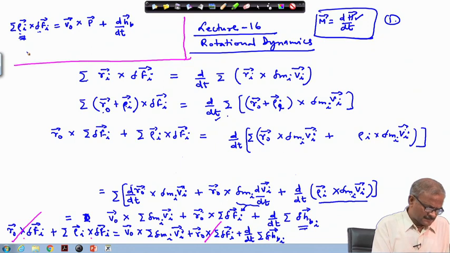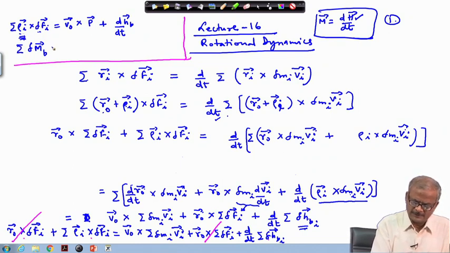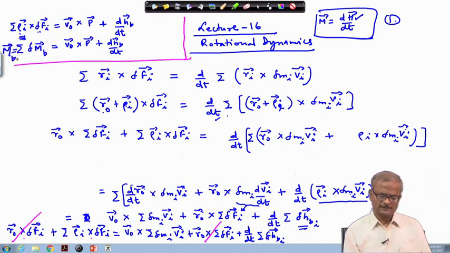So, we can write this as delta m, and remember this is about the point O of the body frame. This rho I is measured from the origin of the body frame, therefore, we will write here delta m b. Okay. So, this quantity is delta m b, and on the right hand side this is V 0 cross p plus d h b by d t, and this we can sum and write here as m b. Okay.